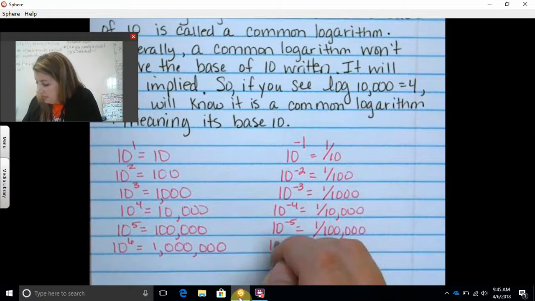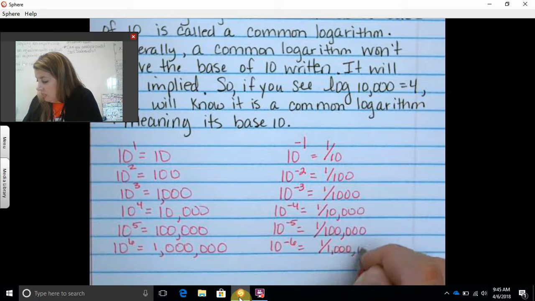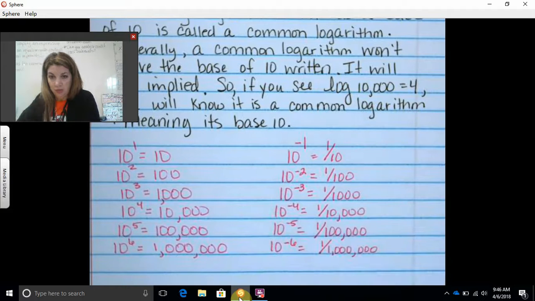And 10 to the negative 6th power. 1/1,000,000th is a very small number. It's like 1 out of a million. Very small.